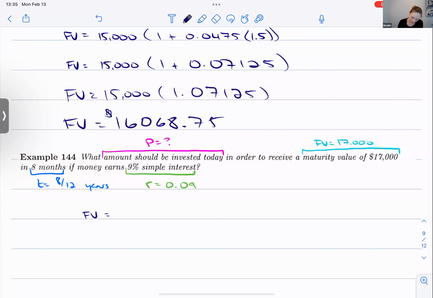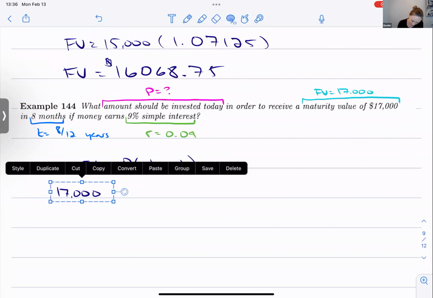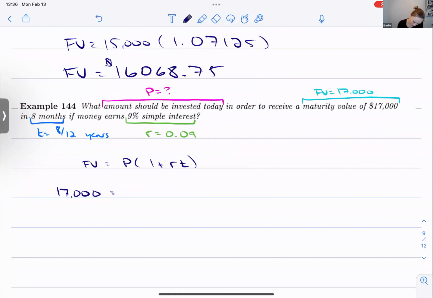So the future value is P times 1 plus R times T. I have 17,000, which is the future value, is equal to P, which I'm trying to solve for, times 1 plus 0.09 times 8 divided by 12.